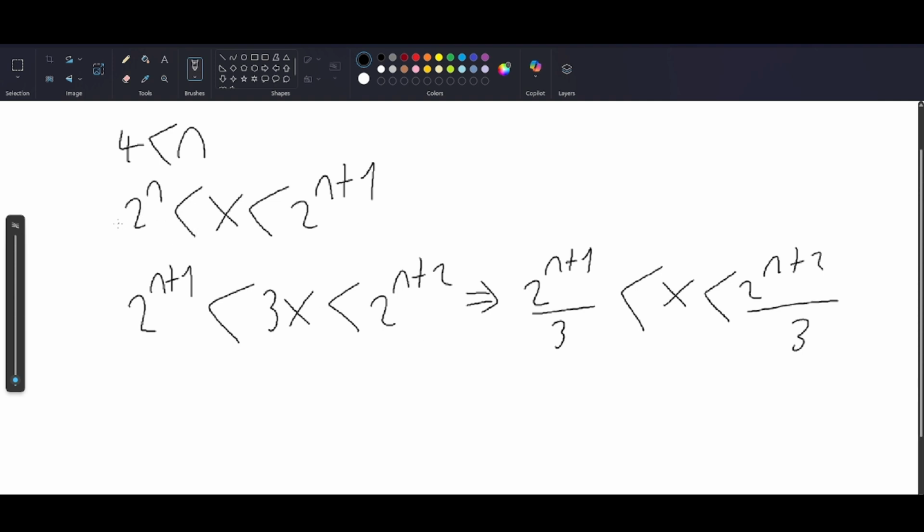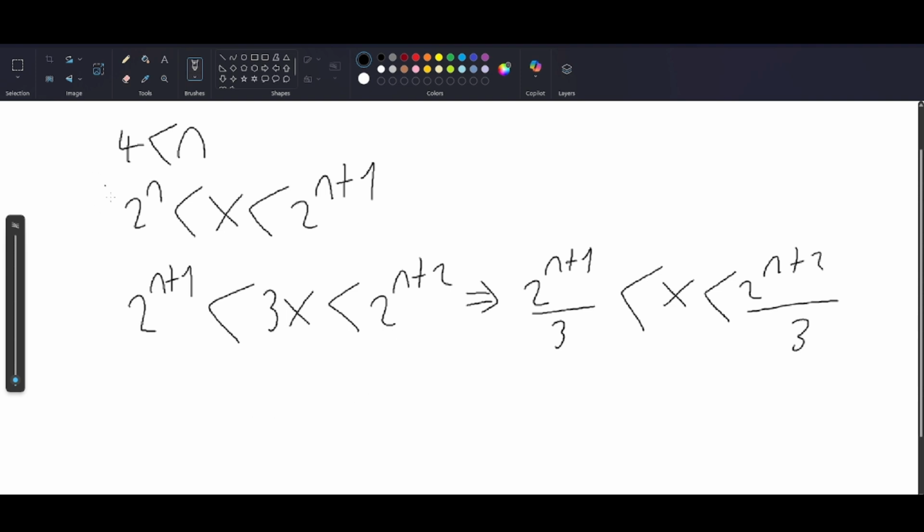Similarly, we have 2 to the n, and we have 2 to the n plus 1 divided by 3. So we can easily see that this is going to be smaller, right? So it's kind of obvious this is going to be smaller. Therefore, because this is going to be smaller, we are going to take this as our boundary.